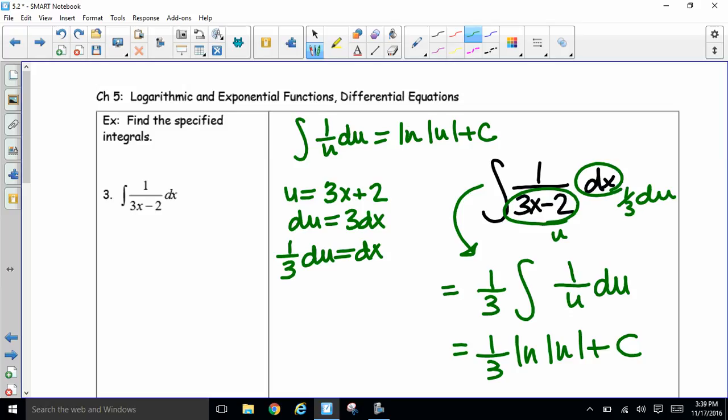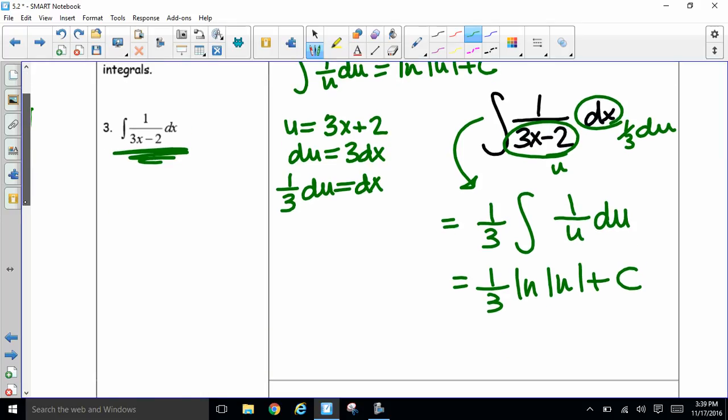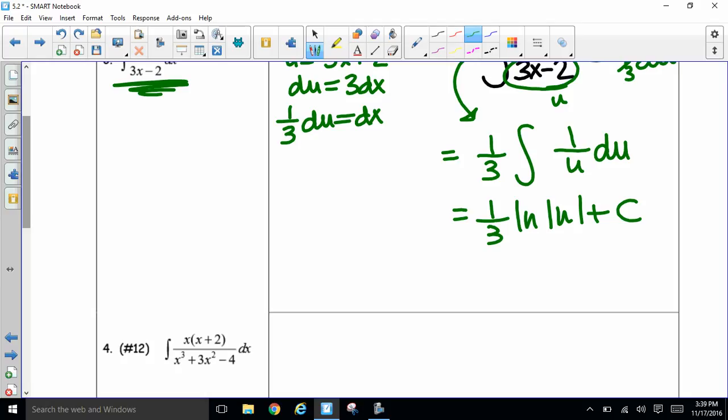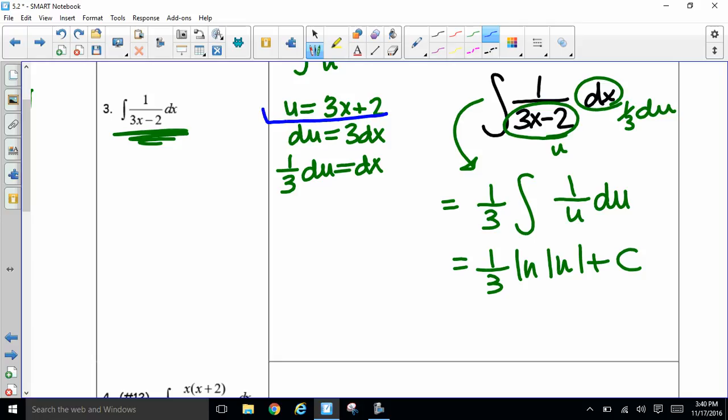Okay. We're done with the calculus, but this original problem started with x's, so I need to make sure, since I don't have bounds, I didn't switch it over to any kind of u bounds, I need to go back and replace u. So I made a choice that u was going to equal 3x minus 2, so I'm going to replace the u with 3x minus 2.